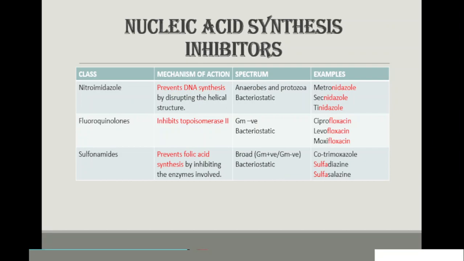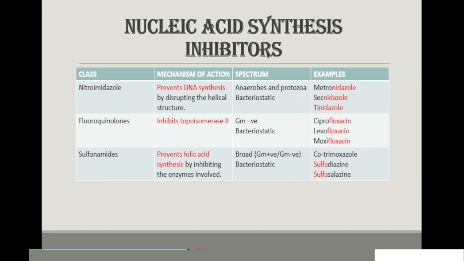Then the last class is sulfonamides. Sulfa means they have sulfur in them. Most of them have sulfur in their names. What they do is prevent folic acid synthesis. We need folic acid as a prerequisite for DNA synthesis. So they act indirectly by preventing folic acid synthesis.